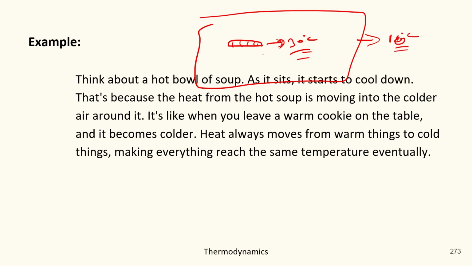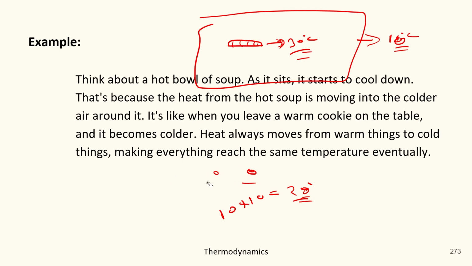So here again, the cookie has more temperature, whereas the surrounding has lower temperature. So let's suppose the cookie lost 10 degrees. The new temperature will be 20 degrees, whereas 10 plus 10, the new temperature of the atmosphere will be 20 degrees. Got it?